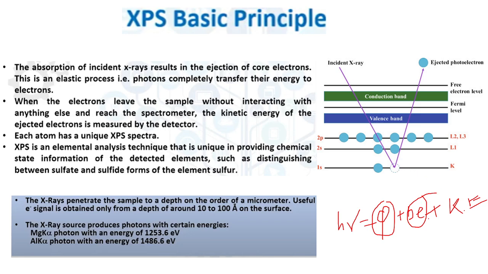Now how will the binding energy be different? If the effective nuclear charge somehow changes, then obviously the binding energy will be different. That's why we get XPS data and can accurately say whether any changes are occurring. Is it clear why XPS is so authentic and we can analyze the composition data?